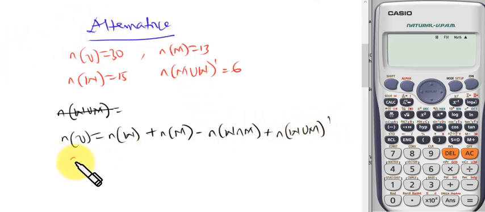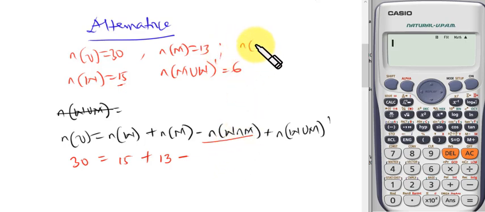It's going to be 30 equals woodwork is 15, and metalwork is 13, and the number of students who study both I don't know, so let this be X. And those who do not study any of the two, of course I know that to be 6.